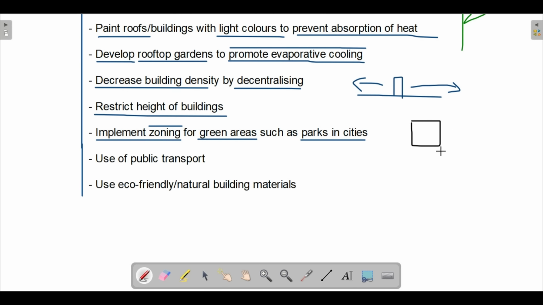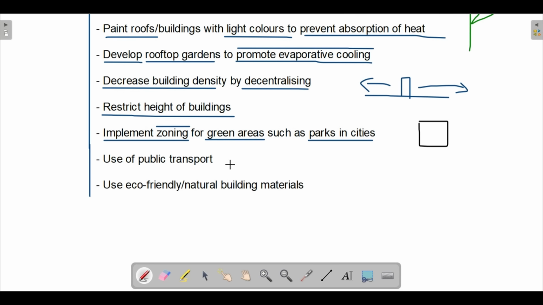So this is protected by law. Zoning means that it is unlawful to build anything here, a building or a business or whatsoever. This is only restricted for parks. Okay, so if you can implement zoning for green areas such as parks in cities, that would of course help cool down the city via evaporative cooling.